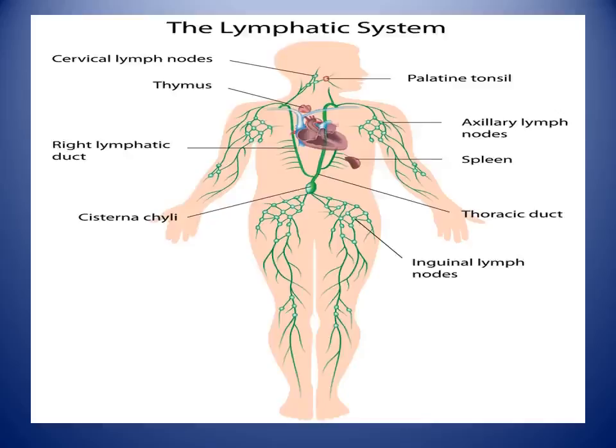So lymphatic capillaries unite to form large lymphatic vessels. Lymph nodes are small oval or pear-shaped structures located along the length of the lymphatic vessels.